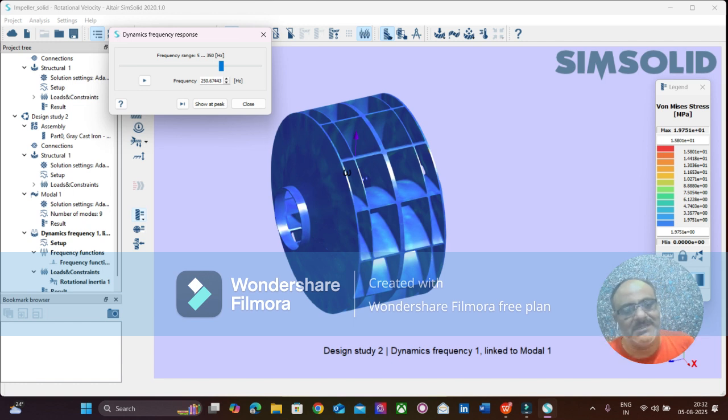The static structural simulation we saw in our first episode is like applying that 800 rpm statically.